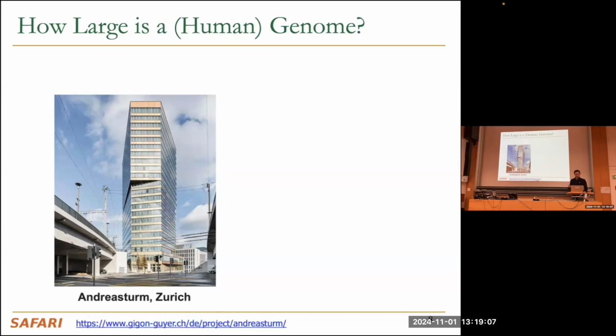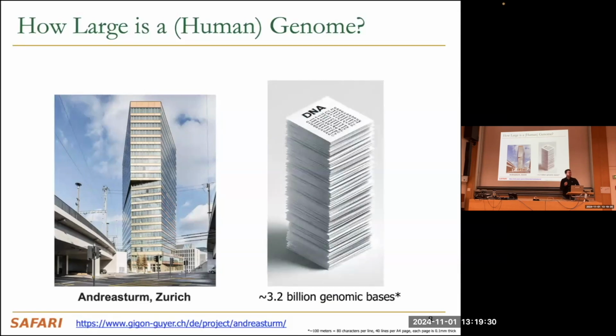It is about 100 meters tall. To illustrate how large a genome is, if you started from the beginning of the first chromosome and wrote every letter on A4 pages until you reached the last chromosome for a single cell, and then piled up all these papers on top of each other, you'd get a stack as high as this Andreasturm. And if you are curious, I did the math here, it checks out.